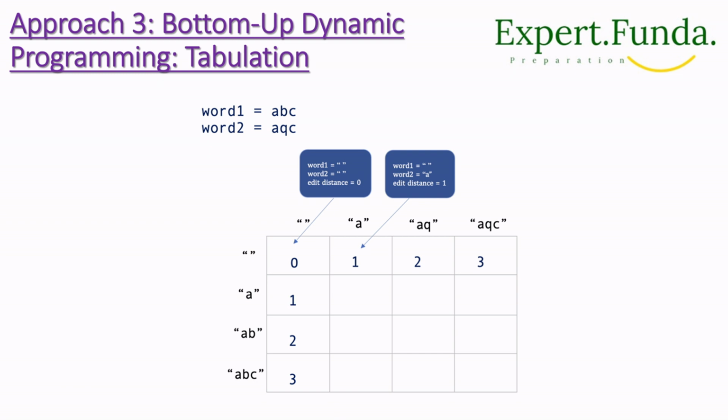For this purpose, we must store the result of every subproblem into a DP array, right? So let's suppose this is our DP, and word 1 is ABC and word 2 is AQC.